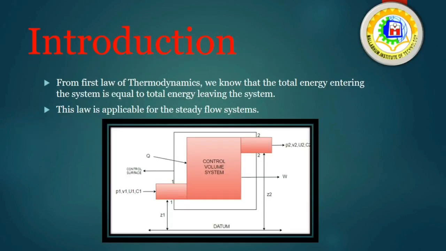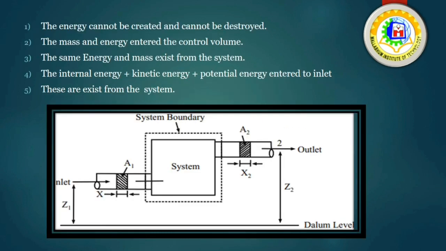As an introduction, from the first law of thermodynamics, we know that the total energy entering the system is equal to the total energy leaving the system, and this law is applicable to the steady flow system also.